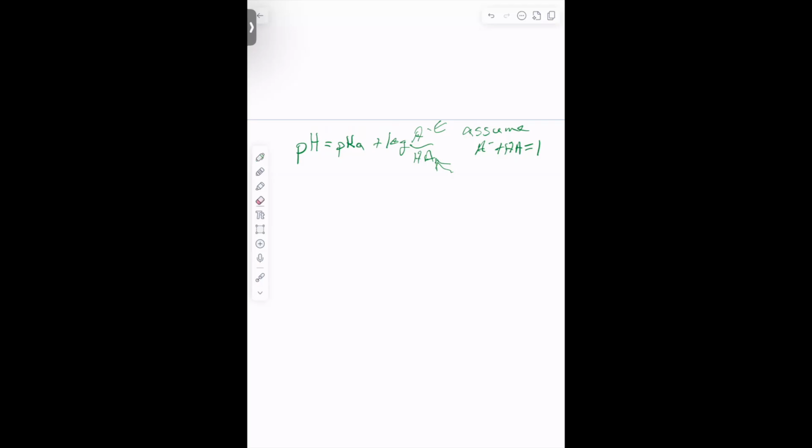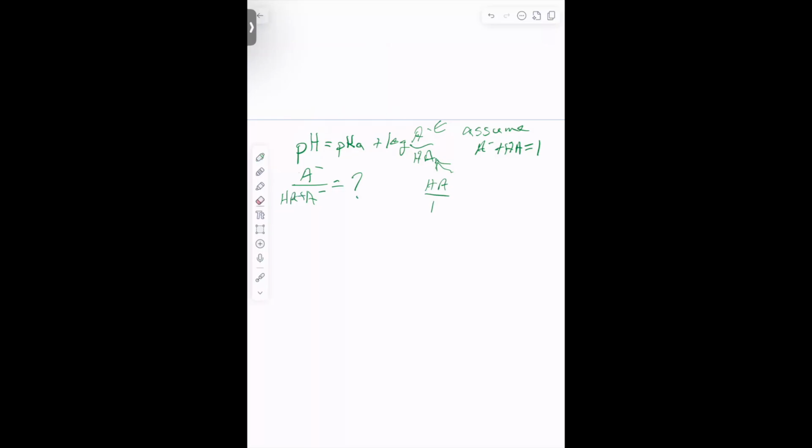The big challenging thing here, just to be clear, is what we want. We want to know what A minus divided by 1 is, and we want to know what HA divided by 1 is.